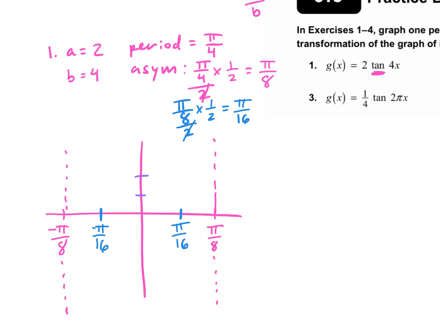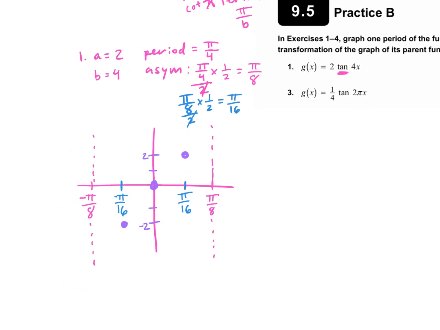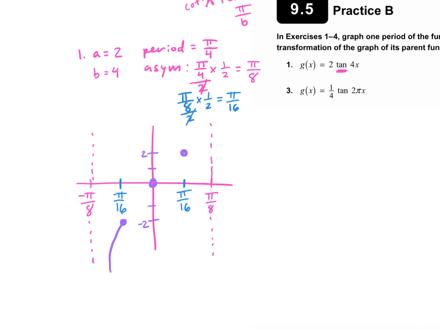We go up 2 and down 2. So now we have that little imaginary box there. Where are we going to put our points? Top right, middle, and bottom left. Once we have our 3 key points, we can just snake our graph through there.